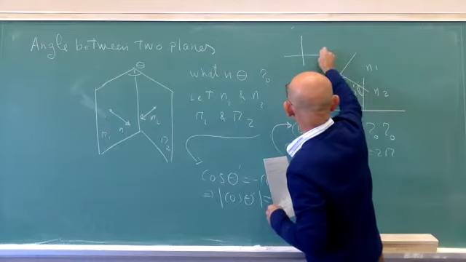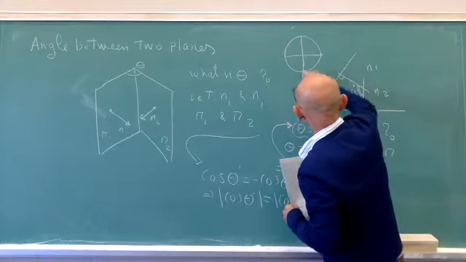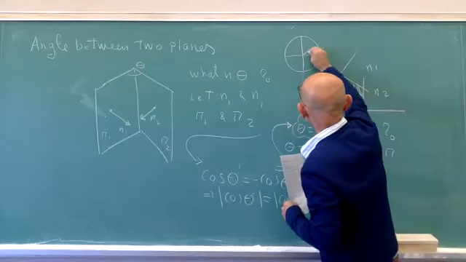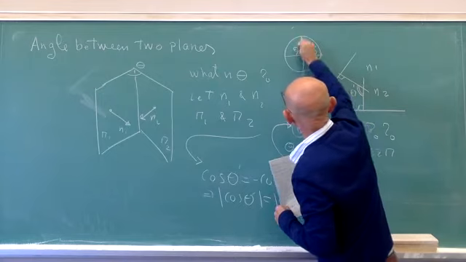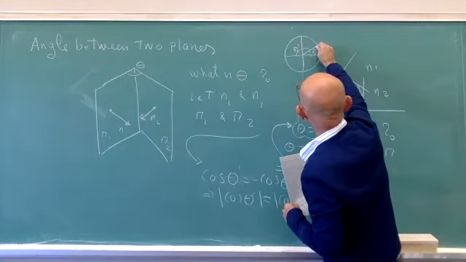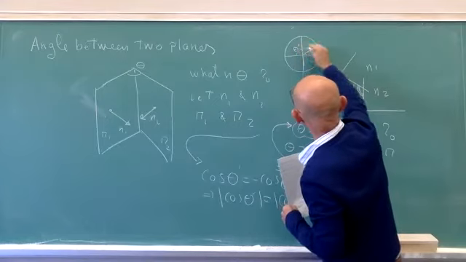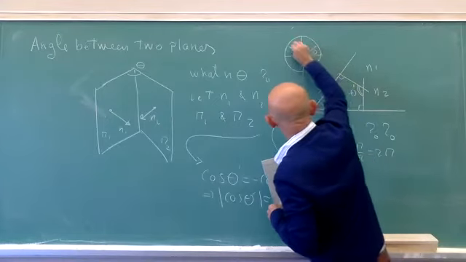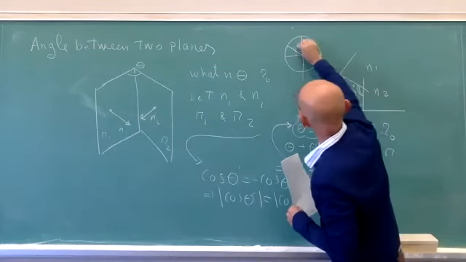If you draw, I know you are more comfortable with drawing triangles, but let us draw this circle. So this is theta, and this would be theta prime. This is theta prime, indeed, sorry. This is theta prime, right?